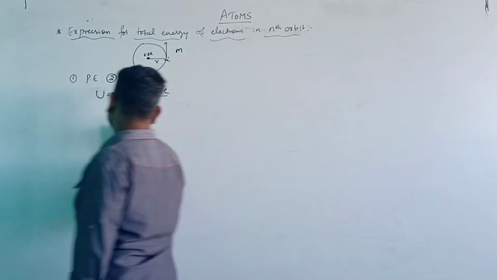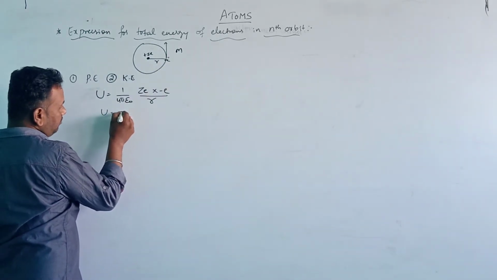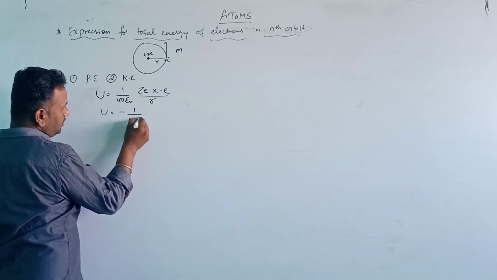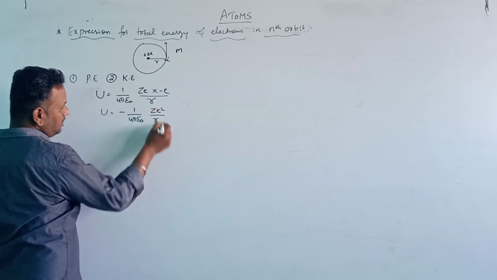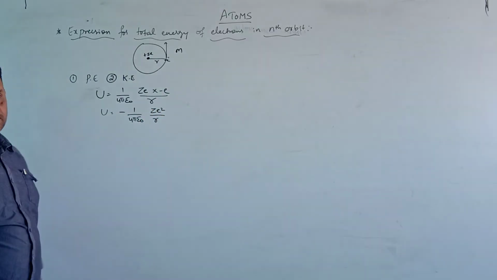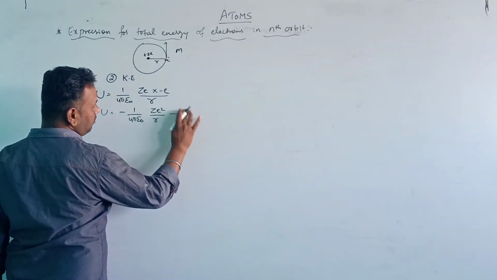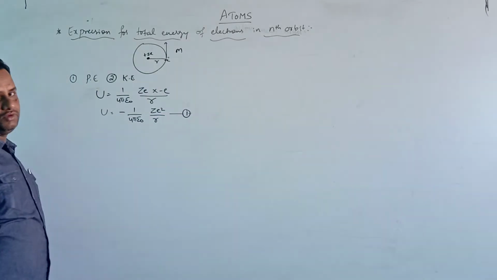Therefore U is equal to minus 1 by 4 pi epsilon naught Ze square divided by r, the expression for the potential energy of the electron revolving around the nucleus. Let us consider this as equation number 1.